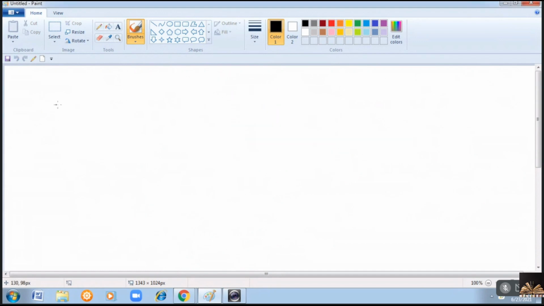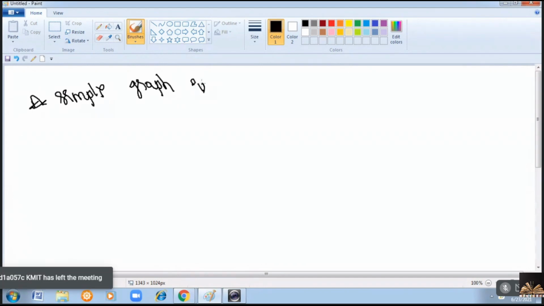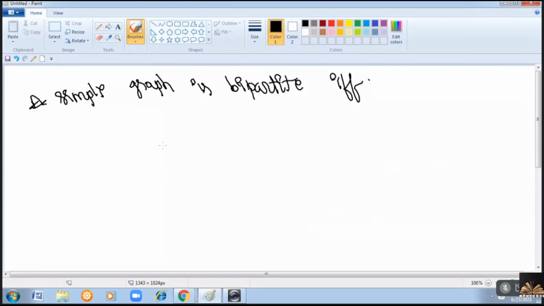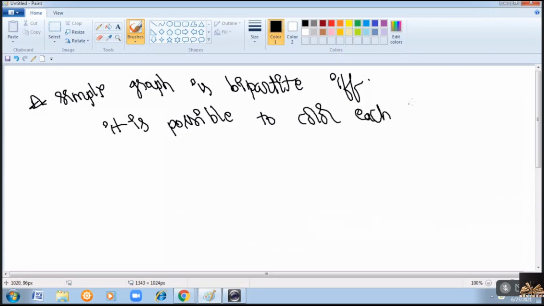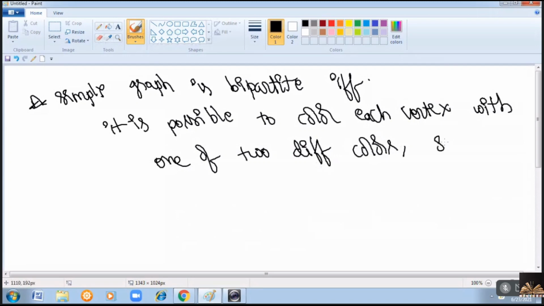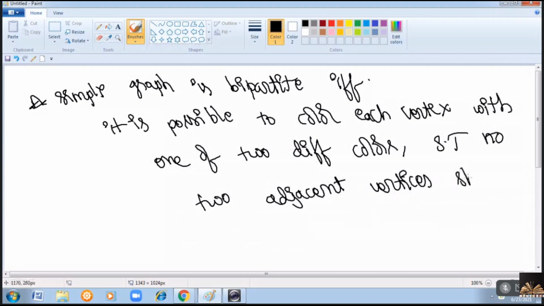Let me explain here. So you can say that a simple graph is a bipartite graph if and only if it is possible to color each vertex with one of two different colors, such that no two adjacent vertices should have the same color.